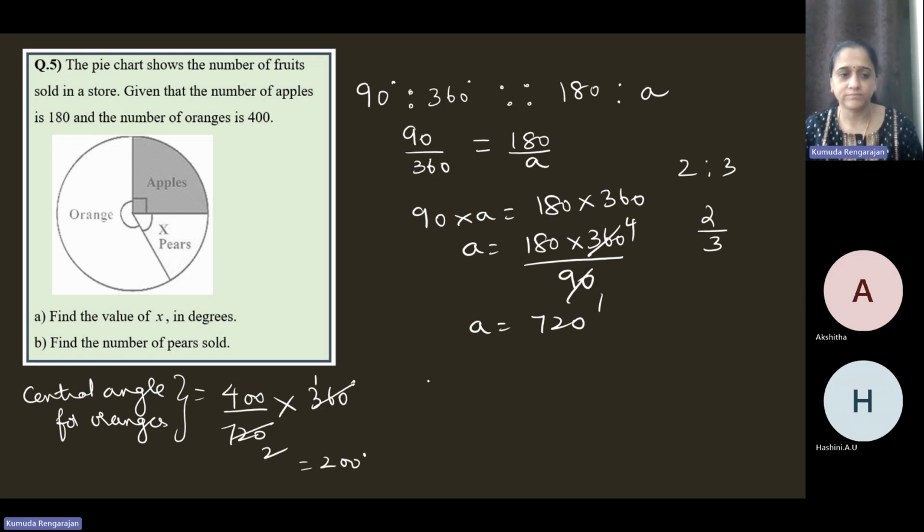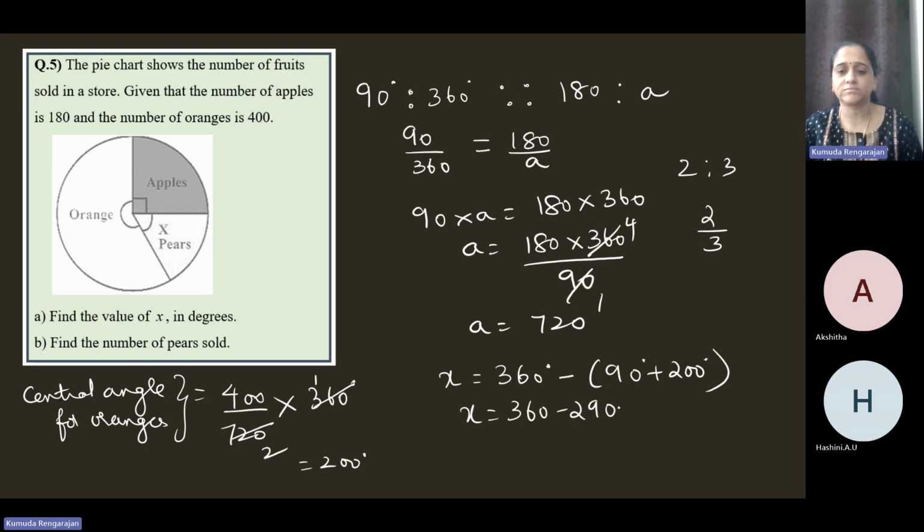Now, the number of pears sold. X is equal to 360 degrees minus 90 plus 200. So X is equal to 360 minus 290, which is 70 degrees. And what will be the number of pears sold? Apples 180 plus oranges 400 is 580.